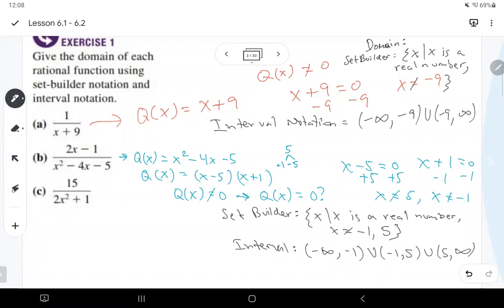Okay. Last one is C. Your q of x here is 2x² + 1. So when does q of x equal 0? Since it can't be equal to 0, that's when 2x² + 1 equals 0.